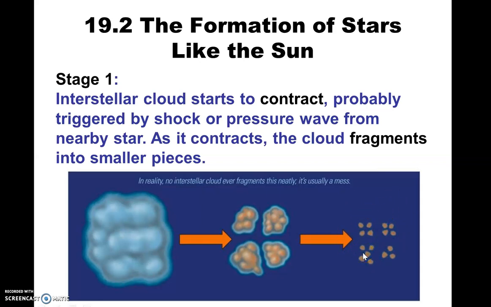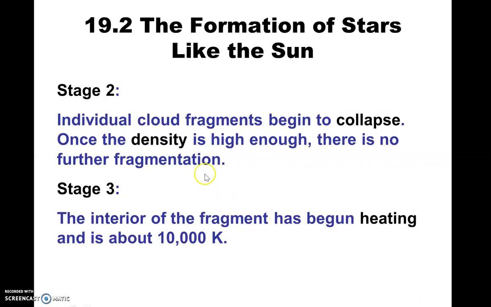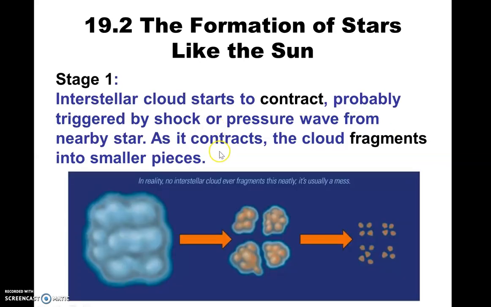There are perhaps hundreds or even thousands of these, and of course these are what become the stars. Sometimes one star, but very often they'll become multi-star systems, like binary systems or even trinary systems, similar to Alpha Centauri. So that's really stage one.